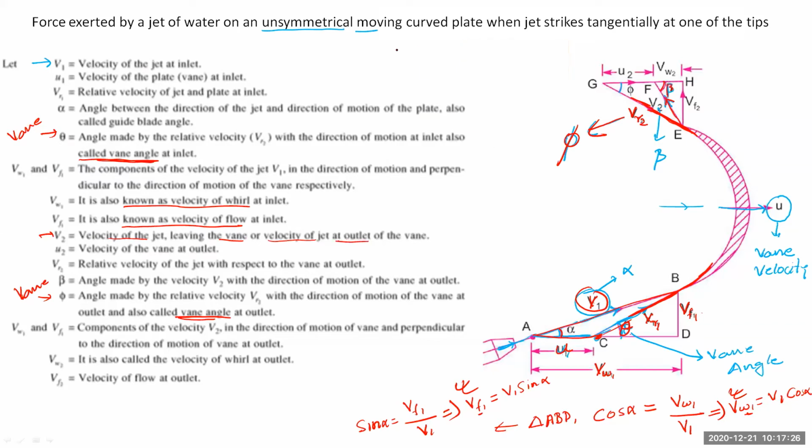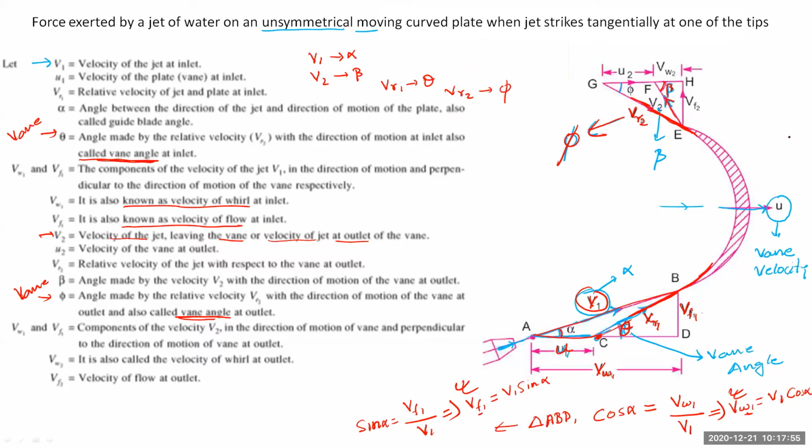So V1 is making an angle alpha, V2 is making angle beta with horizontal, VR1 is making angle theta, and VR2 is making angle phi. This you all keep in your mind.